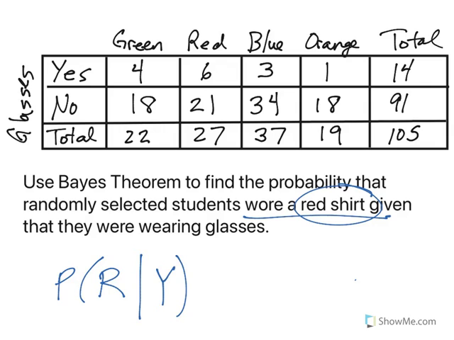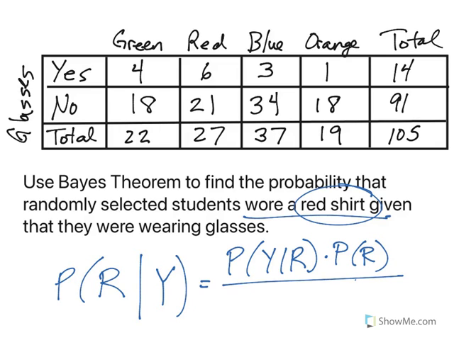That's a yes. So we're doing the probability of R given Y. Think about Bayes' theorem. That means we're going to find the probability of Y given R times the probability of R divided by the probability of yes.